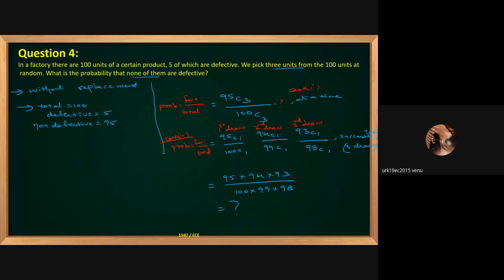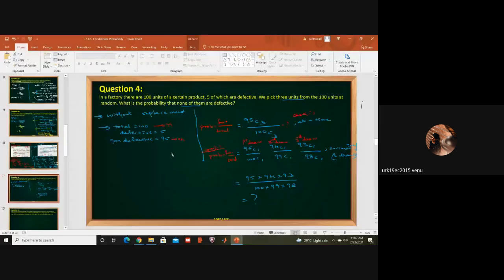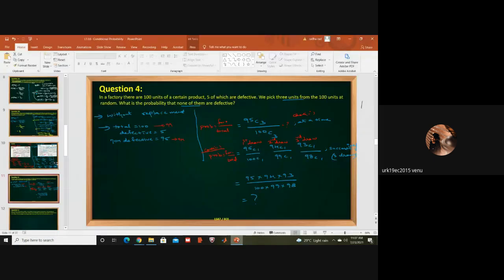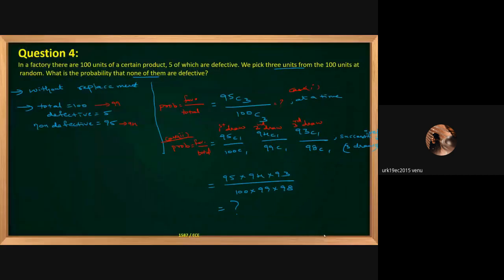In the second draw, when you have taken 1 out of the factory, now 94 non-defective and 99 total are available. You can take 94 C1, that is the favorable, non-defective. The total you are having is 99, and you are going to take 1 out of it, 99 C1. This is the second draw.